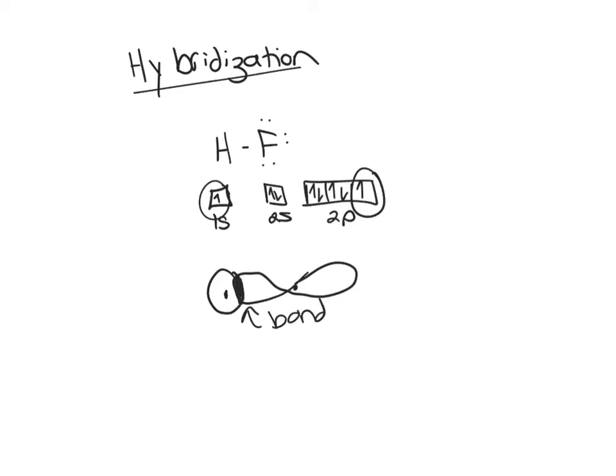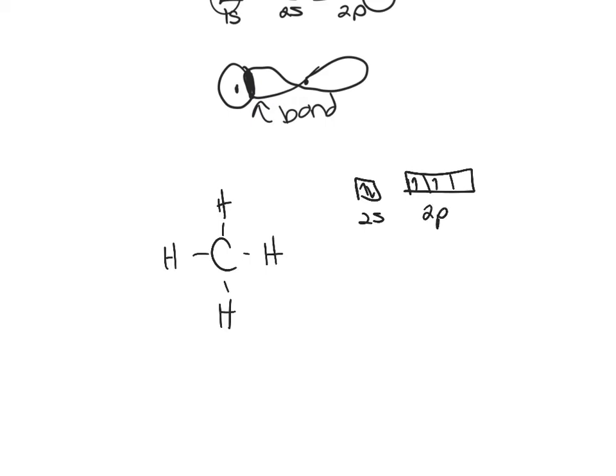Well, that's great, until we start dealing with things that are a little bit more complicated, such as CH4. Okay, here are some problems with this. Carbon's valence shell is 2s2, 2p2.